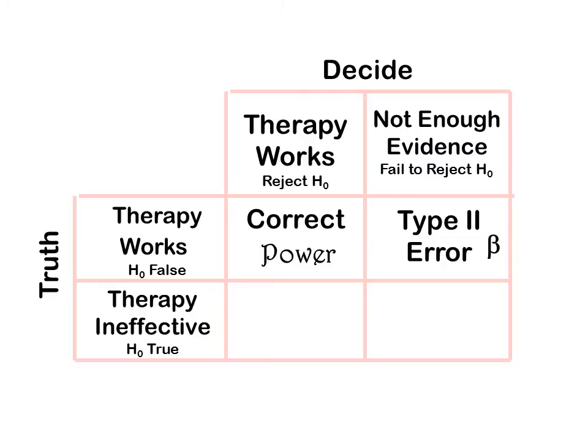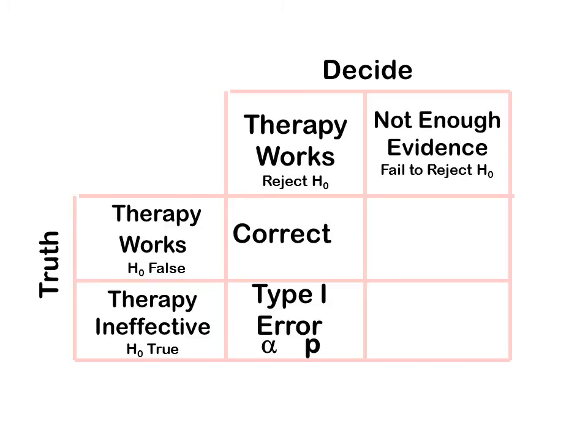Let's look at the contingency table in a slightly different way. Imagine instead that we decide therapy works. We decide therapy works and we reject H0. Well, if in fact the H0 is false and the therapy does work, then we're correct. But if we decide to reject the H0 and conclude therapy works, when in fact therapy is ineffective, that the H0 is true, then we've made a type 1 error.